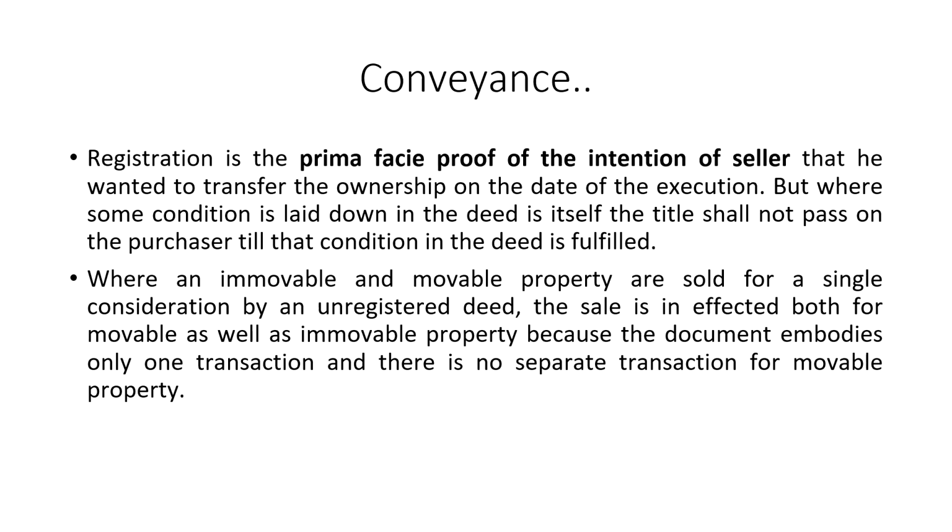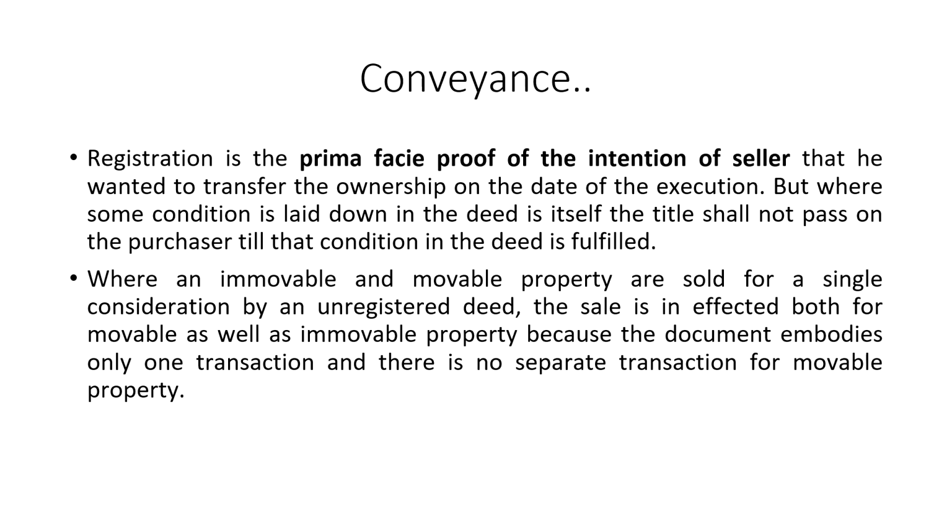Where immovable and movable property are sold for a single consideration, that means both are combined together. That means in a single transaction, movable and immovable things are sold. Okay. Then the sale is in effect both for movable as well as immovable property, because the document embodies only one transaction and there is no separate transaction for movable property.